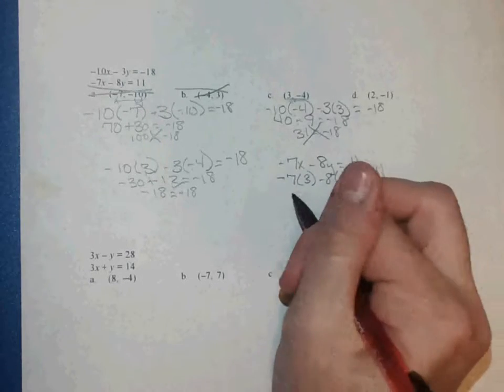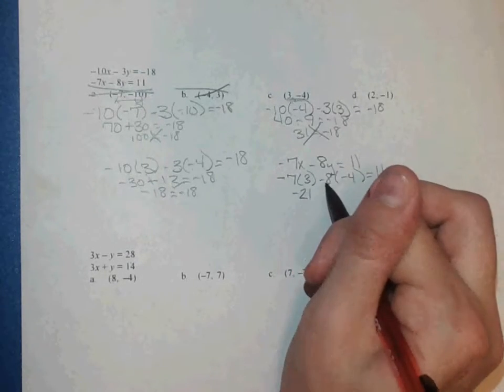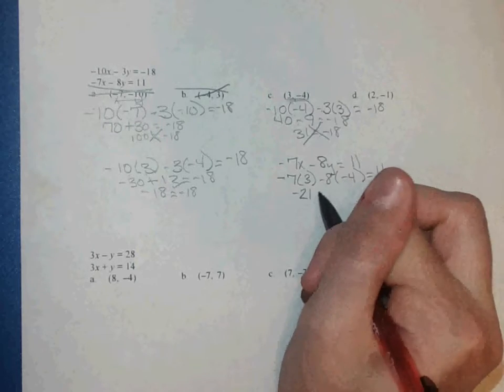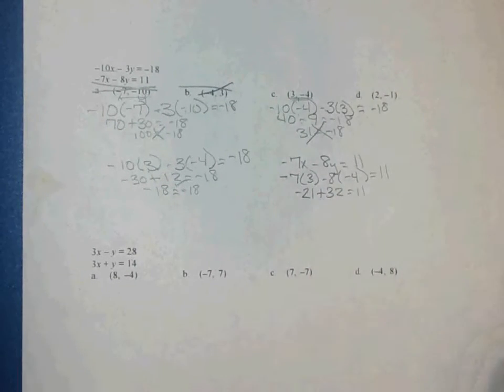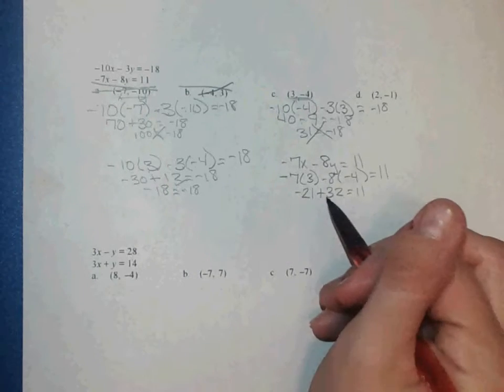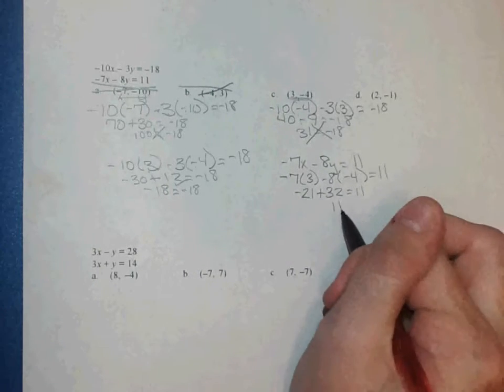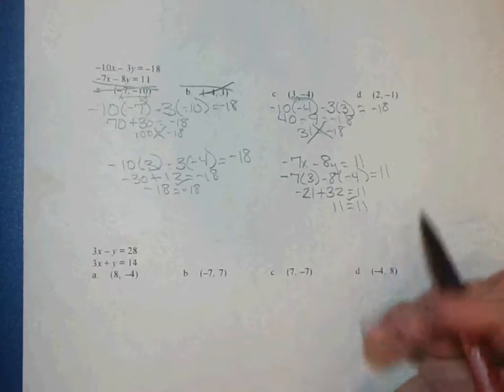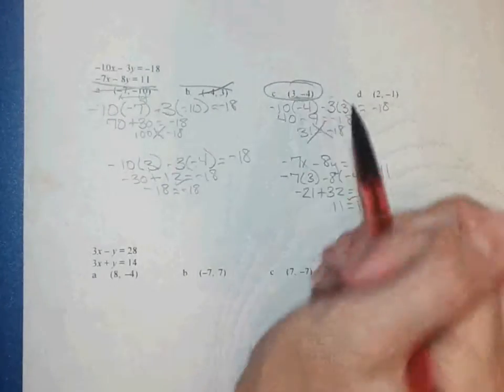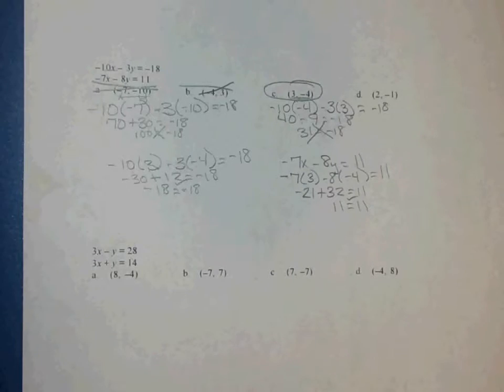So negative 7 times 3 is negative 21. Negative 8 times negative 4 is positive 32. And bring down that 11. Negative 21 plus 32 does give me 11. 11 does equal 11. So I would say that this one satisfies both equations.